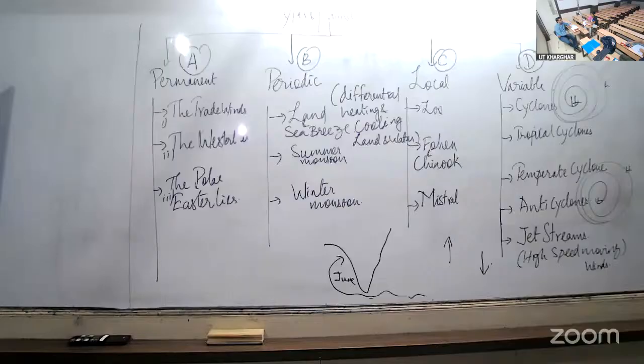I can say Mistral is not the only name, but Mistral is one of the names, blowing from where to where? From France to the Mediterranean Sea. These local winds have, under open bracket, a considerable effect on climatic conditions, close bracket, notably on the underlying temperature of a place. So here we rest our chapter.